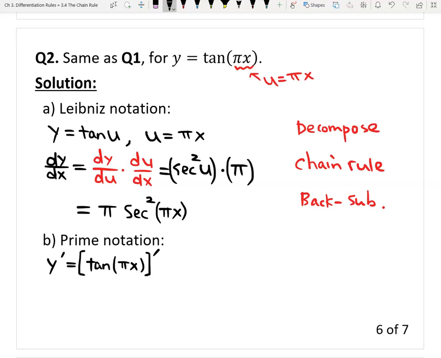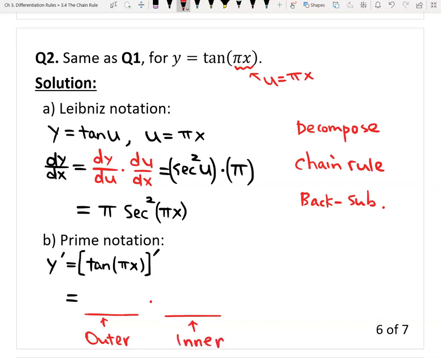This is a composite function. Do you remember the prime notation? We write the derivative of the outer, and then we times the derivative of the inner function.